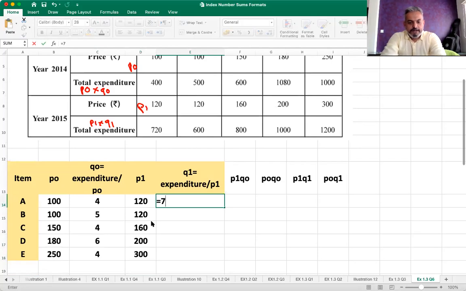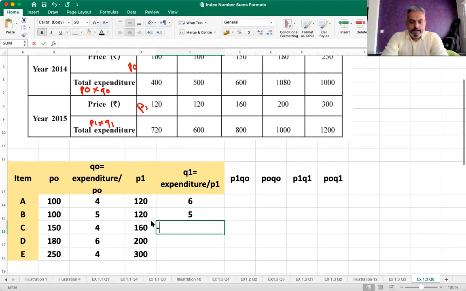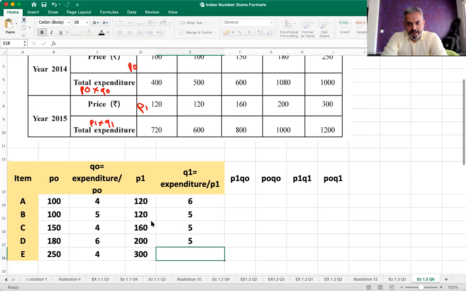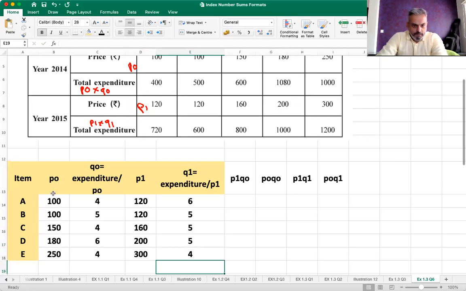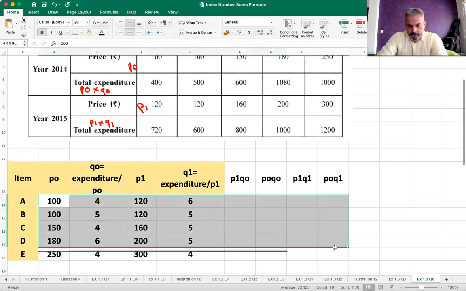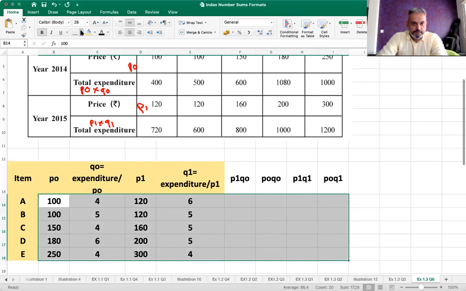So 720 divided by 120, so 6. 600 divided by 120, so 5. 800 divided by 160, so 5. 1000 divided by 200, so 5. And 1200 divided by 300, so 4. Now we have all the required information with us.